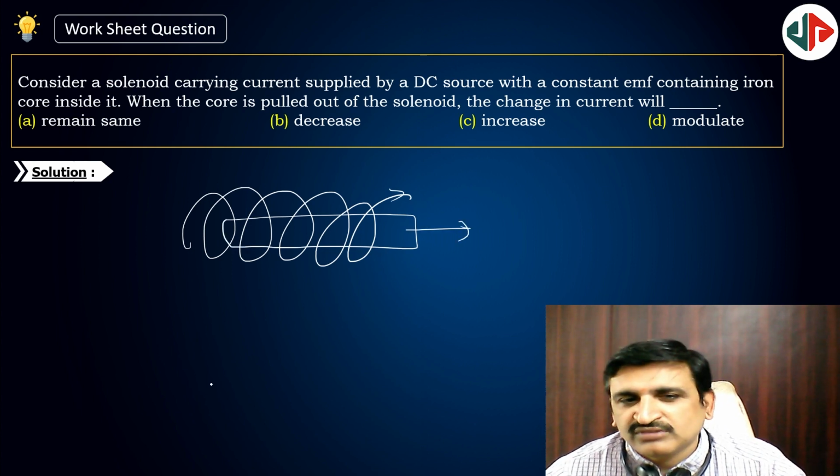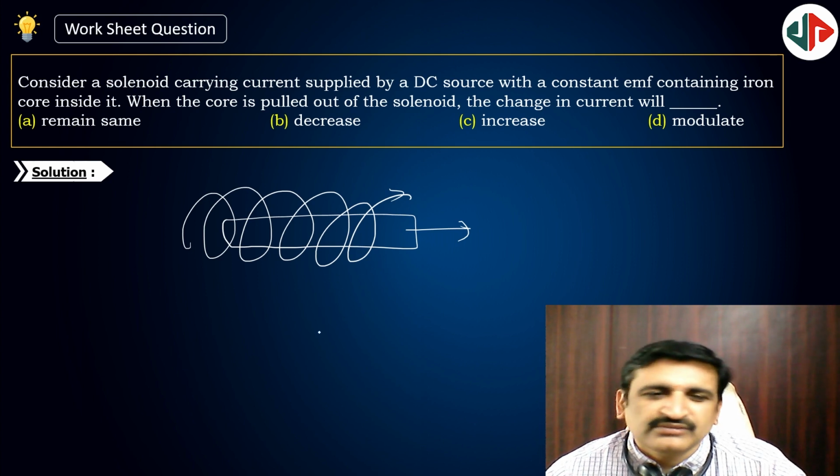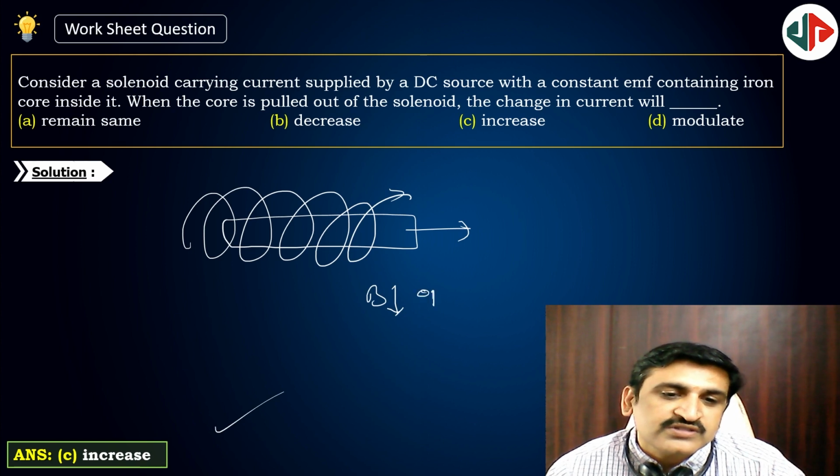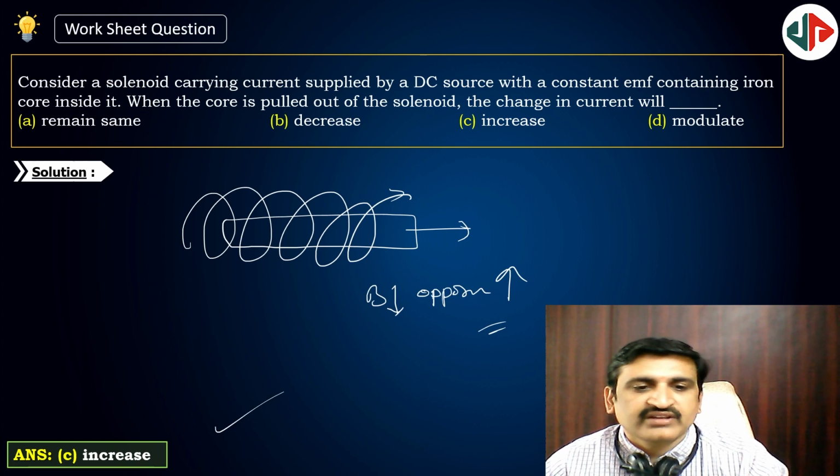As it is removed, you are decreasing the magnitude of the magnetism. As it decreases, it should try to oppose, so the current should increase. Yes, increase, because the magnetic field decreases. It should oppose, so obviously increase should come. Okay. Next one.